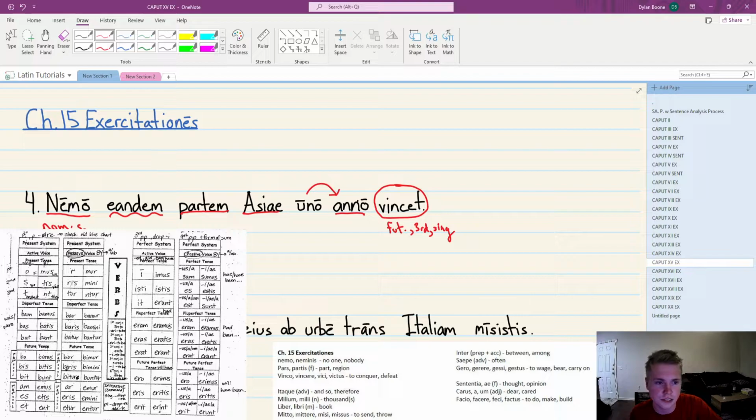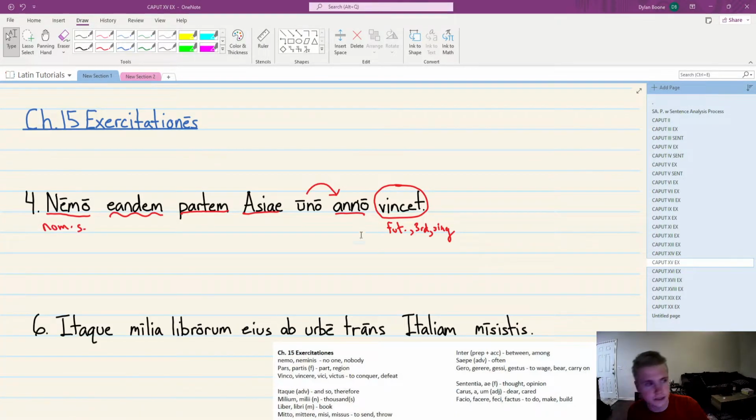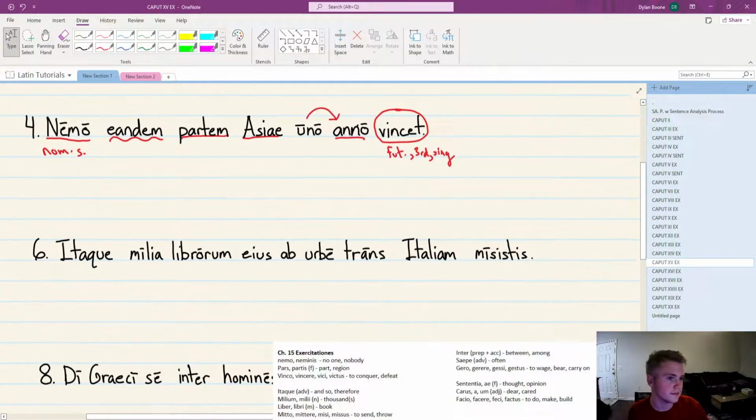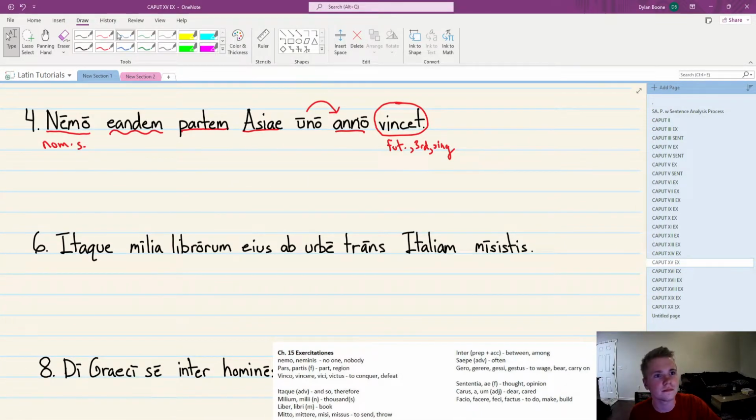So we know that the subject is Nemo, and we know that Nemo is doing the vincet, right? So I'll drop the chart here and move down so you can see it a little better. So moving on, we have eandem. I'll skip that for now.